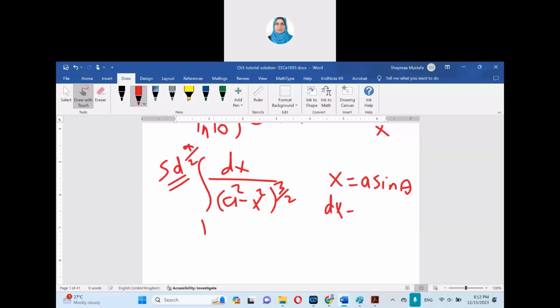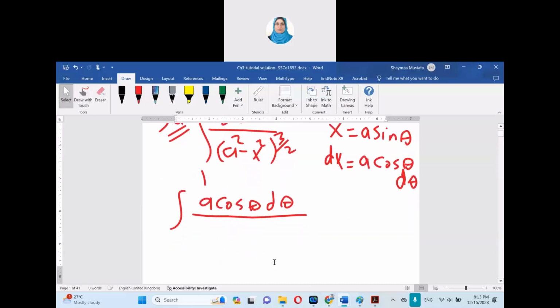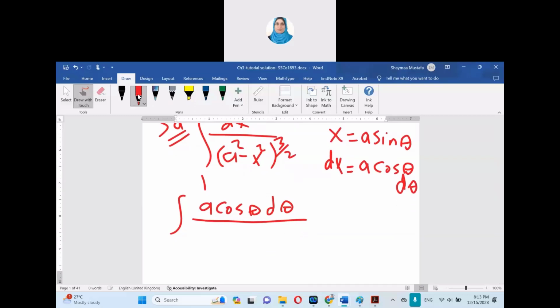So dx is equal to a cos theta d theta. So here we have the integration of a cos theta d theta instead of dx, over a square minus a square sine square theta, to the power 3 over 2.